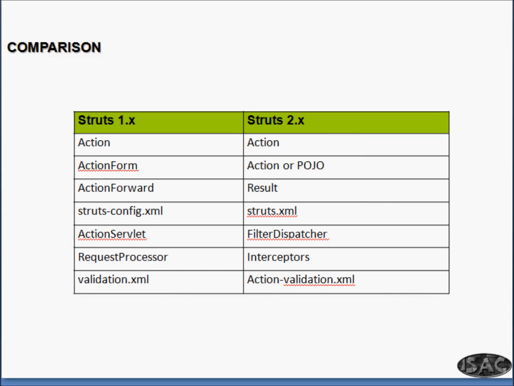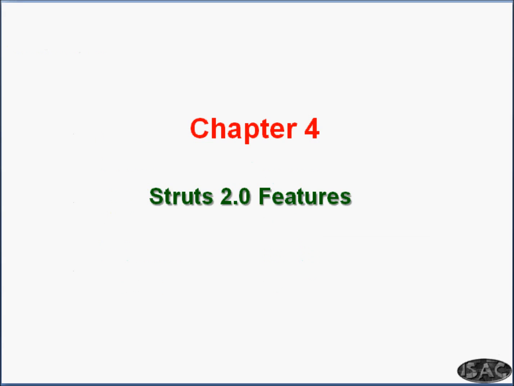A lot of things have been cut in Struts 2, and it is easy to develop. So that's all about the comparison of Struts 1.2 and 2.0. Next we have to understand the features of Struts 2.0 in the next session. That's all.